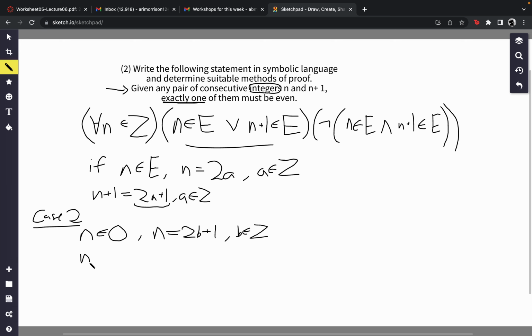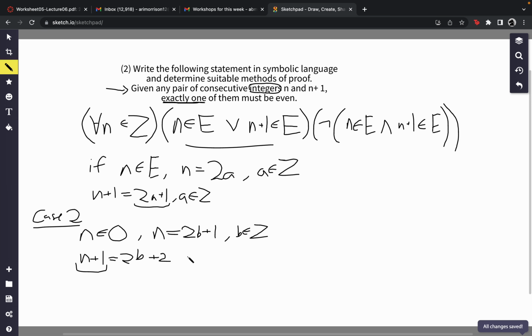So that implies that n plus 1, we're just adding 1 to both sides here, equals 2b plus 2. And we could prove that this is even. And we could say n plus 1 equals 2b plus 2. n plus 1 is just some number.